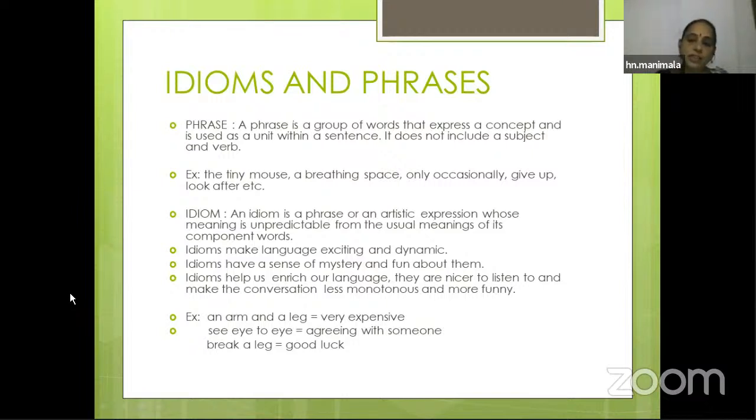But an idiom is slightly different from figures of speech, because with figures of speech we can somewhat imagine or guess the meaning, whereas in an idiom we cannot even guess the meaning, because it gives a completely different meaning than what the words literally mean. That is the speciality of idioms, and that's why they are very beautiful and add glamour to the language.